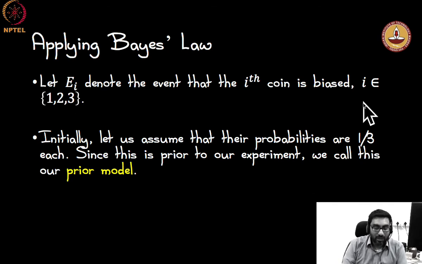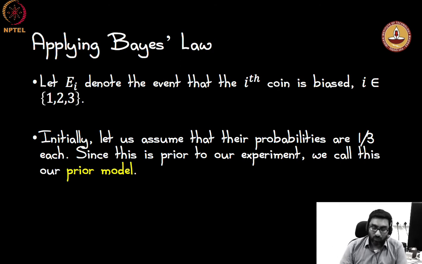Okay, so let's go back to the coin tossing example. We have 3 coins. We don't know which one is biased. One of them is. So let EI denote the event that the ith coin is biased. Okay, so E1 means the first coin is biased, E2 means the second coin is biased, and E3 means the third coin is biased. And of course, these are all disjoint events.